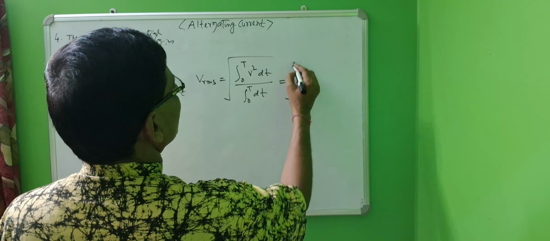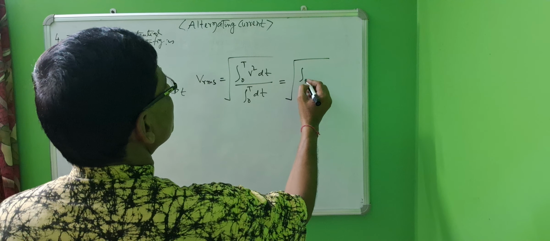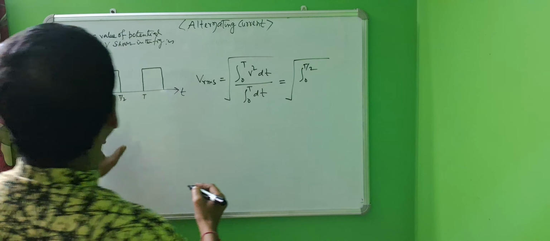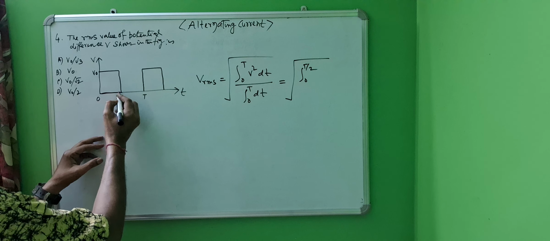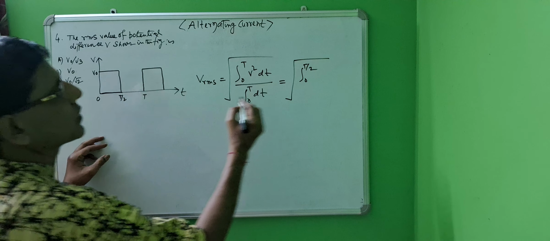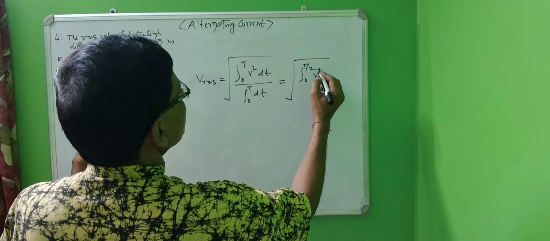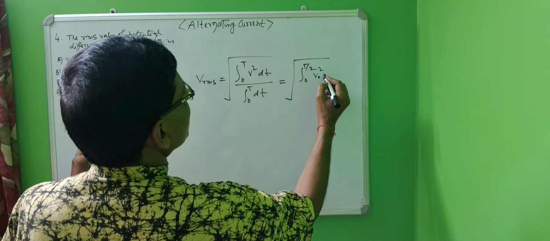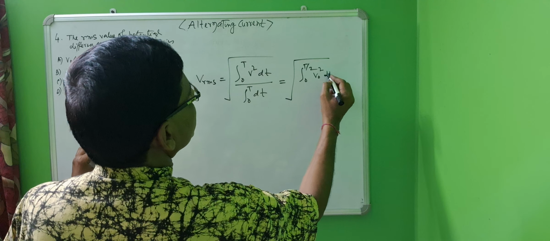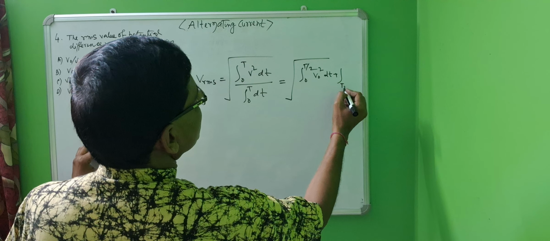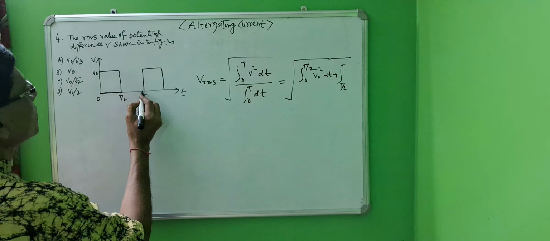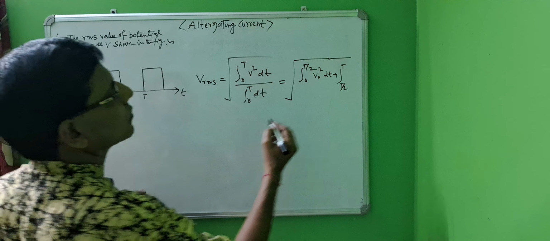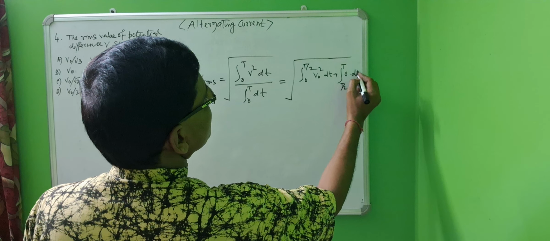Here we can see that from 0 to T by 2, the V value is V0, so we can write V0 square dt, plus from T by 2 to T, the V value is 0, so we write 0 into dt.